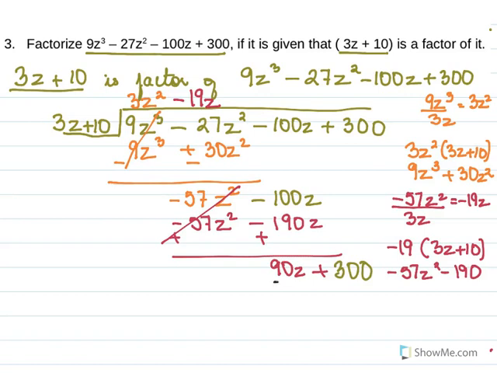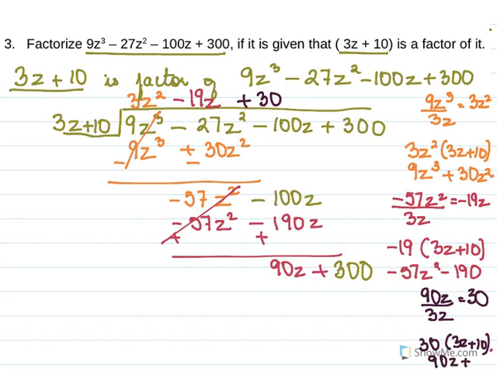Now again the same process, we take the first term and divide over 3z, and that would be 30. So we write here plus 30. So 30 into 3z plus 10.